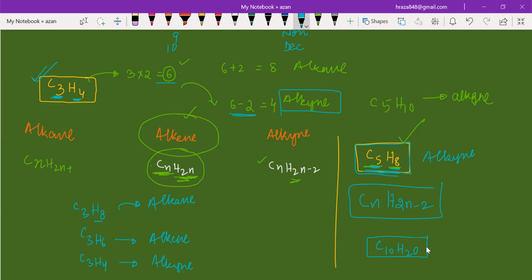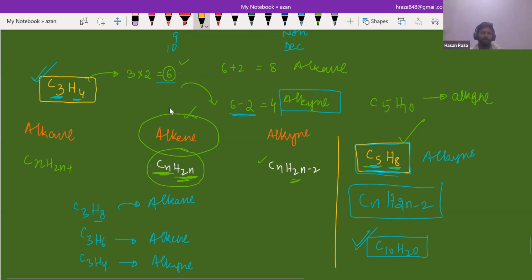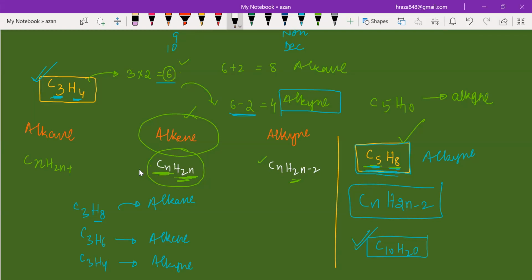So let's say, can you tell me whether it is alkane, alkene, alkyne? Sir, which one? The one which I just wrote. C10H20. Sir, is it alkyne?